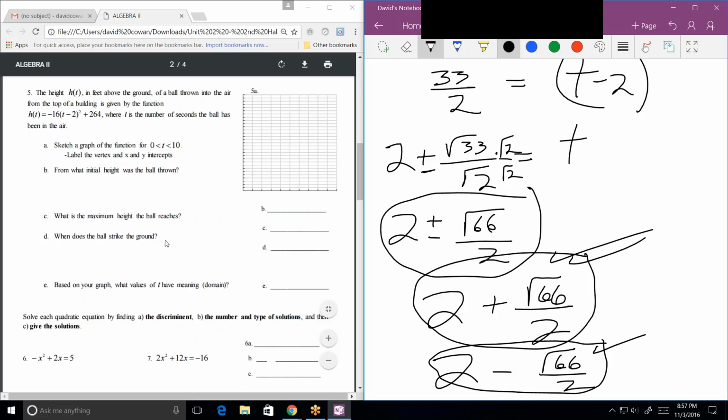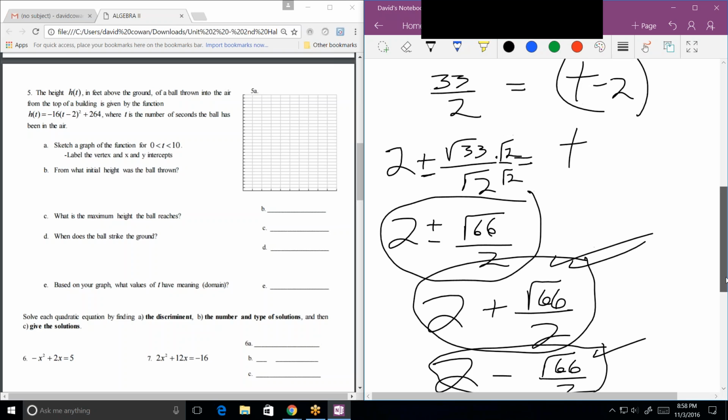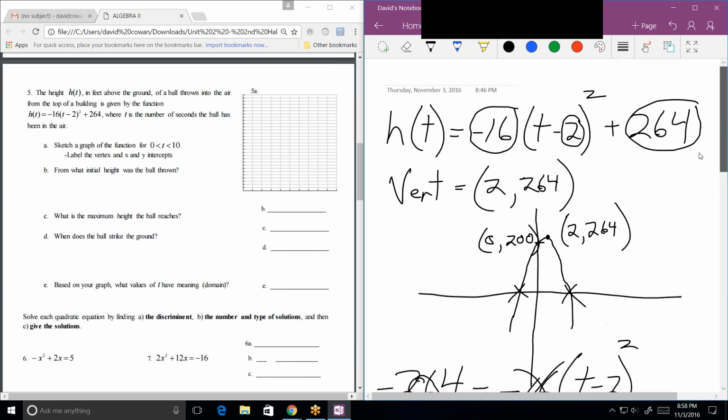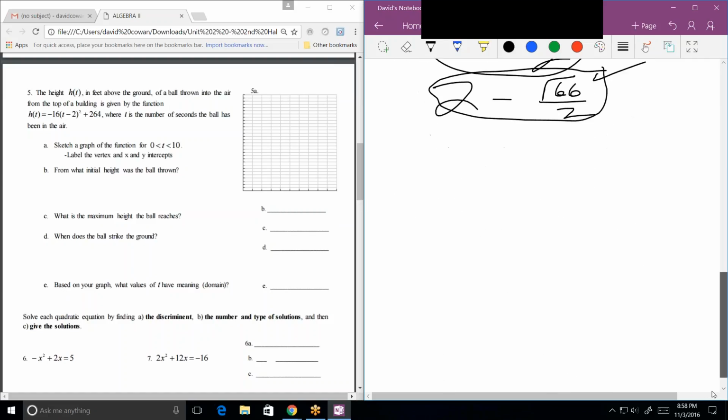When does the ball strike the ground? Wouldn't it be at the x-intercept? Oh, the positive x-intercept? Yeah, it strikes the ground when the height is 0, right? Right. Okay, so I'm going to do that. You're right.